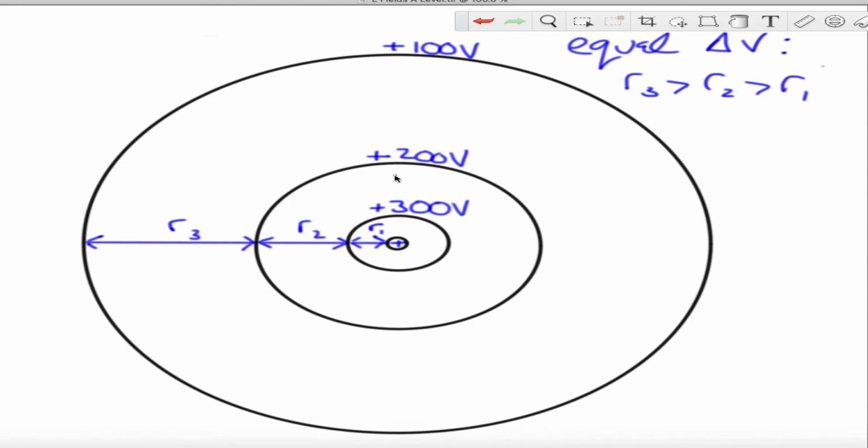You see how this distance, dropping the next 100 volts, is larger than this distance. So for equal changes in potential, the changes in distance get bigger. The changes in radius get bigger. Now, remember, when we drew the field lines around an isolated point charge, they were radii.